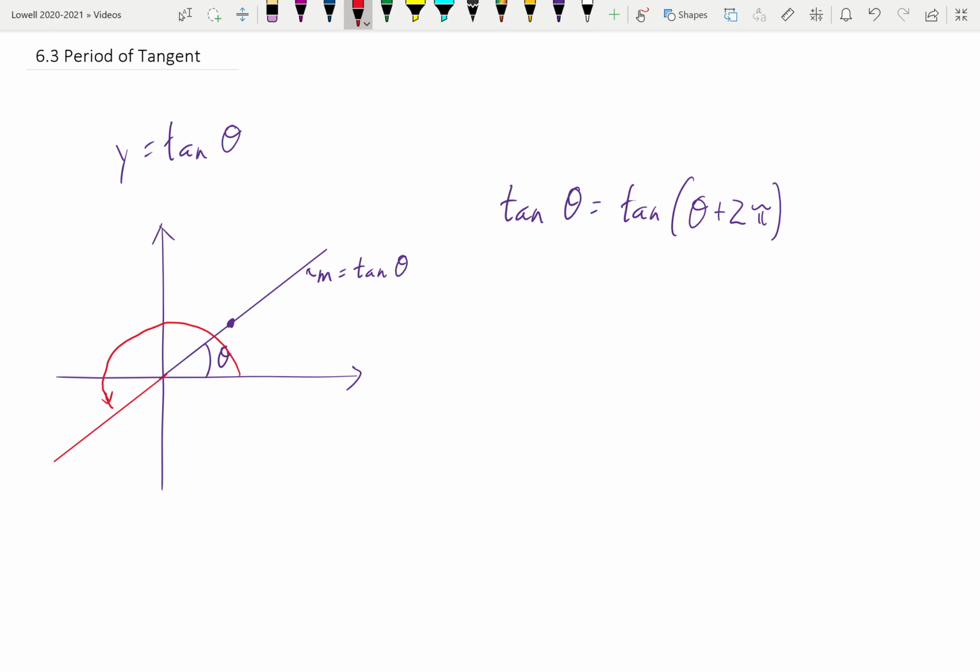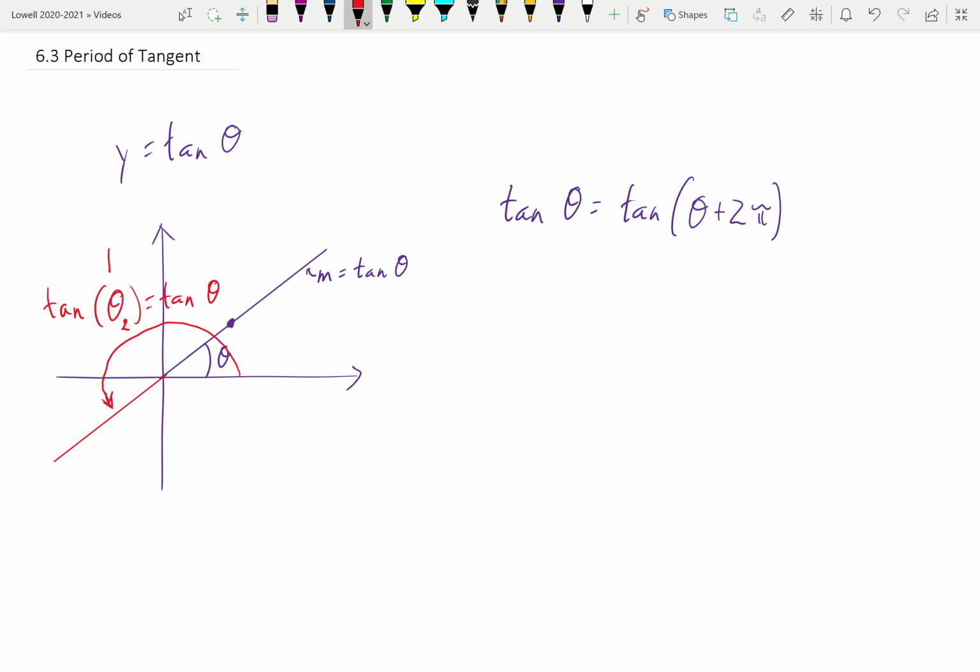How far away is this? Because this angle right here, I'll call it theta 2, tangent of theta 2 is equal to tangent of theta 1. They have the exact same slope as the original theta.